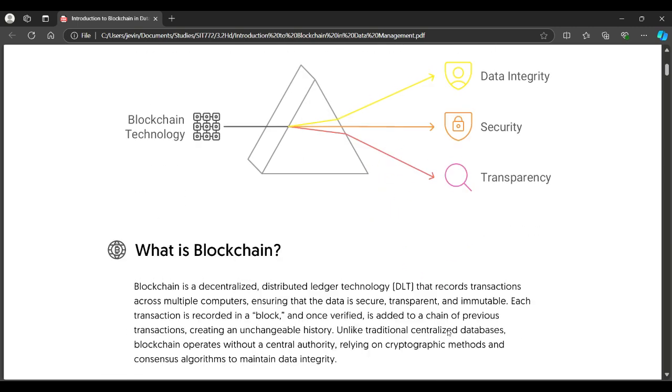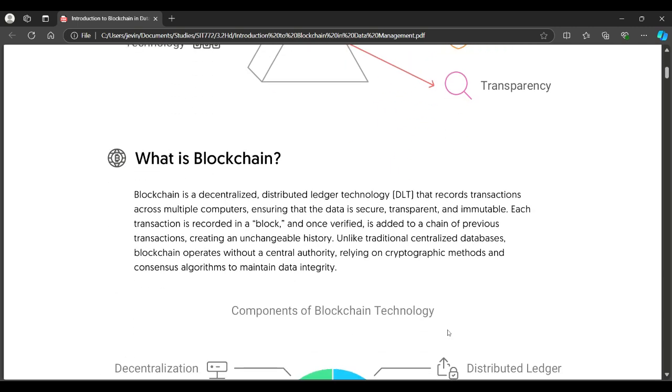Important advantage. And what is a blockchain? It is a decentralized, distributed ledger technology where we can create secure, transparent and immutable transactions across multiple computers. That's basically a blockchain.